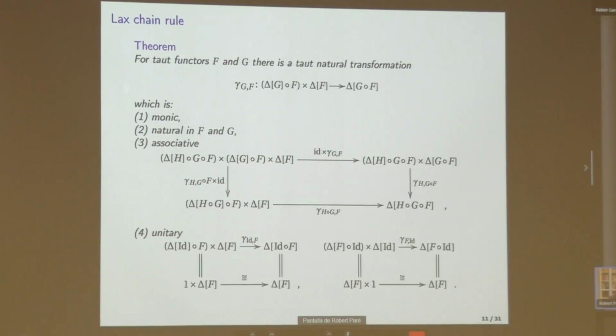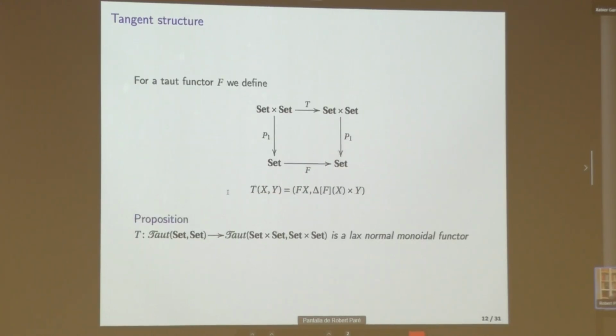So you have two different ways of comparing it, and they're equal, and then it's also unitary. So this is why I call it a lax chain rule. It's just that the thing that you want to be an iso is just a morphism, there's just a comparison. But we can actually make it into something lax.